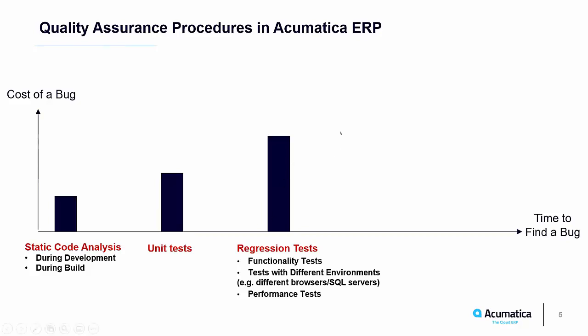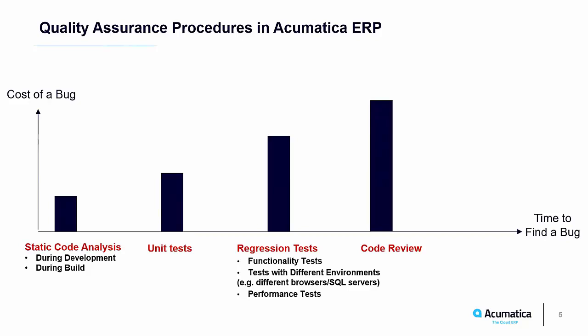Then the next step in the process is code review. Once the system works as expected according to unit tests and regression tests, we can have a code review, and the code review will consume more valuable, experienced developers' time. For instance, regression tests mostly consume machine resources, which is not that expensive.